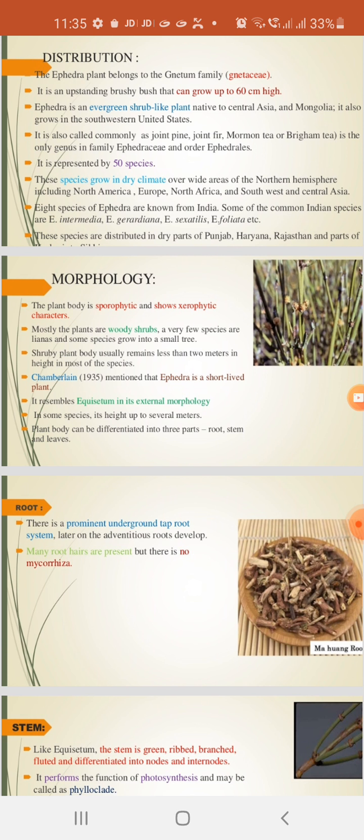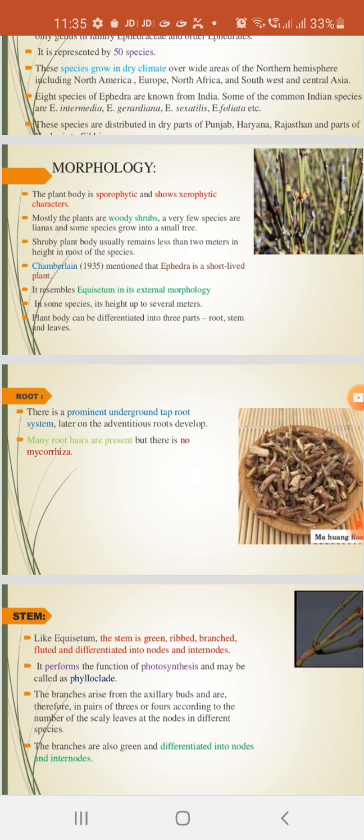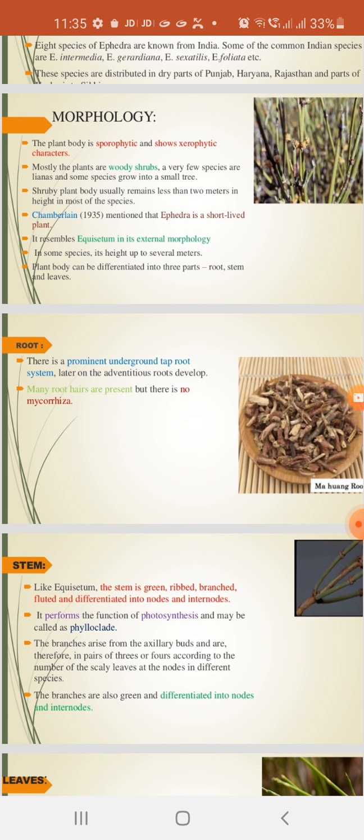Mycorrhiza, as we know, is a symbiotic association of fungi with the roots of higher plants. The stem has girth and is green, ribbed, branched and fluted, differentiated into nodes and internodes. A node is the space between two internodes, and an internode is the space between two nodes, and the stem carries out photosynthesis.